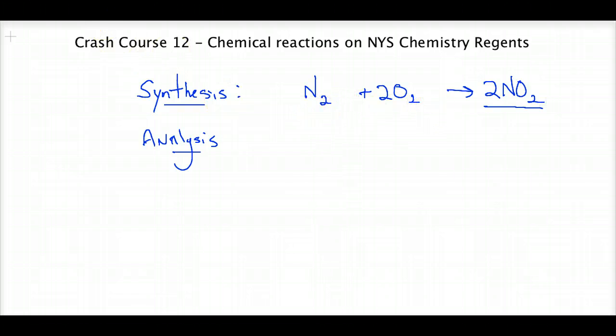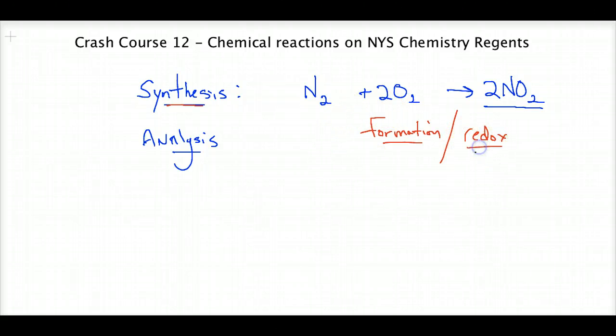Now you could also call this a formation reaction. That's certainly plausible, but synthesis is a better name for it. You could also call it a redox reaction.